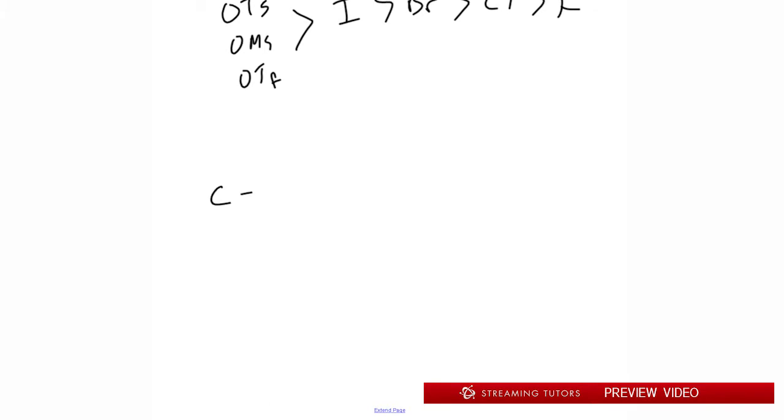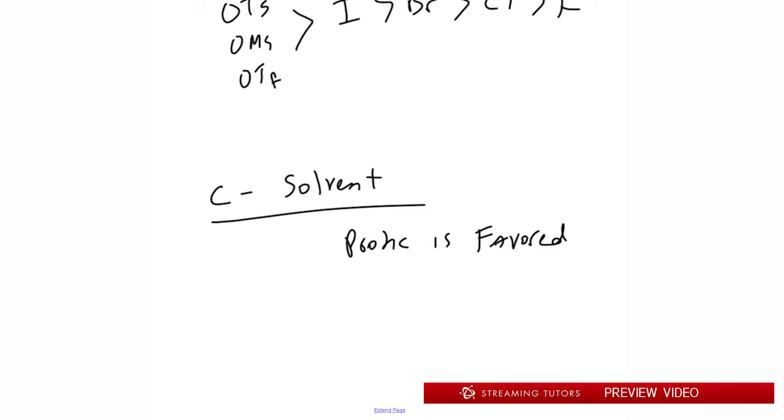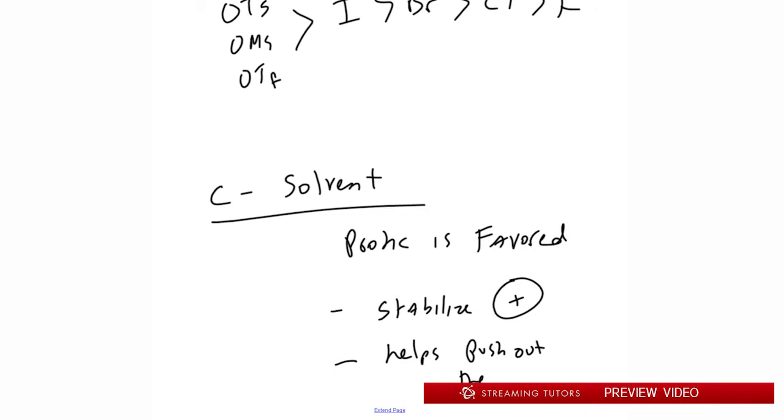C, let's talk about the solvent. For the solvent, it turns out just like SN1, protic is favored. Now, why is protic favored? Because a protic solvent can stabilize the carbocation that's forming. So remember, we're making a carbocation. And so the protic solvent stabilizes a positive carbocation, and it helps push out the leaving group.